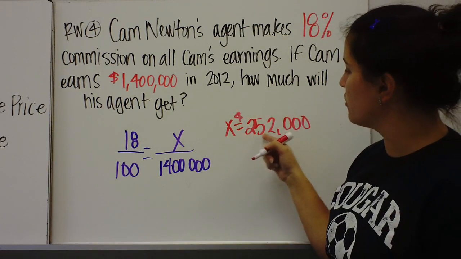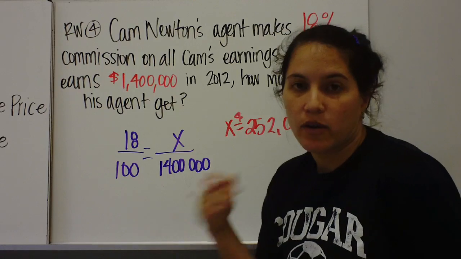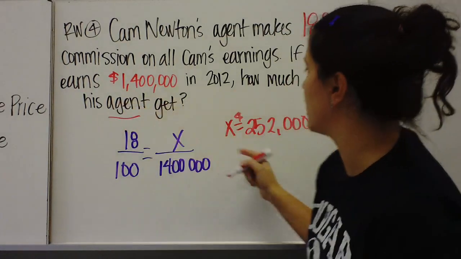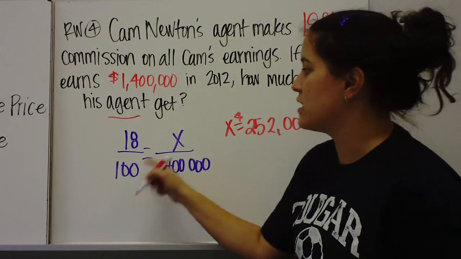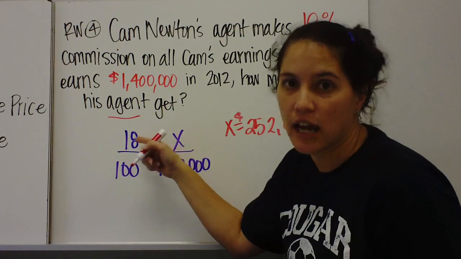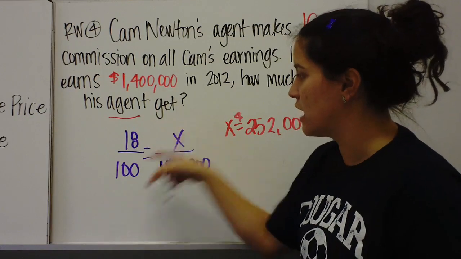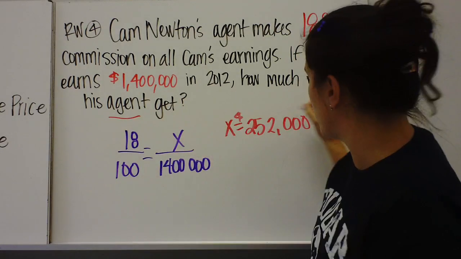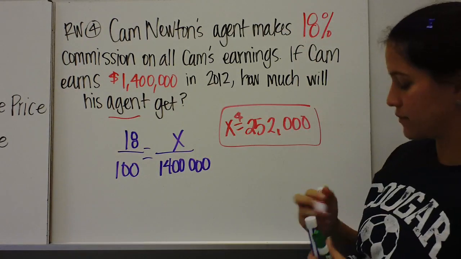And x equals 252,000. So my question to you is, does that represent the question, how much will his agent get? And does his agent get 18%, and x equals that 18%? See, these are corresponding. 100% is what Cam Newton earns. 18% is what his agent earns.